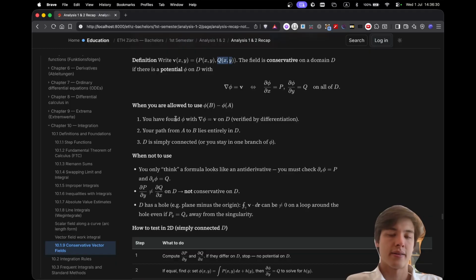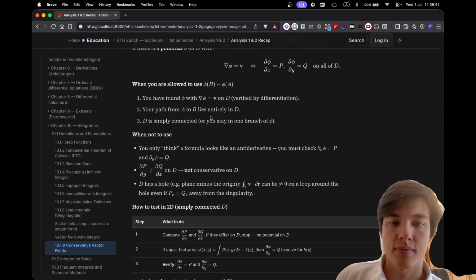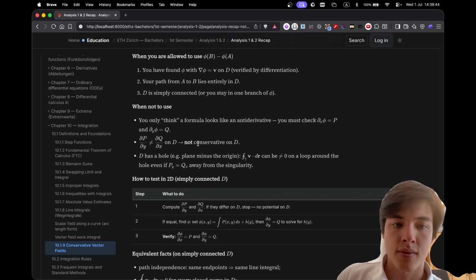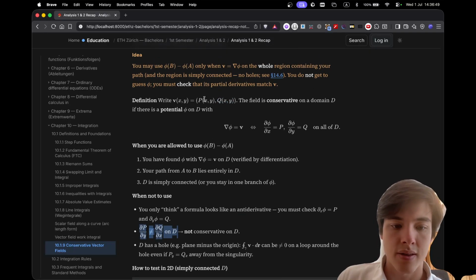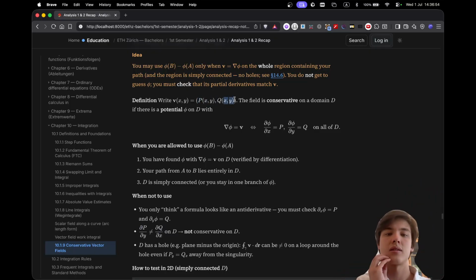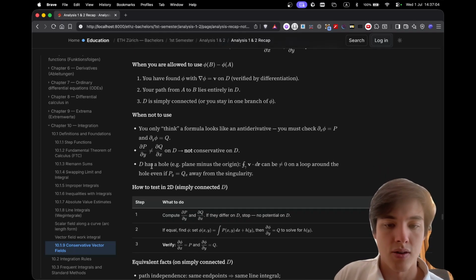So any path leads to the same solution. That's why we can use this. Oh yeah, this has to be proved. So the derivative of P with respect to y and of Q with respect to x need to be the same. Then it's conservative. And no hole.